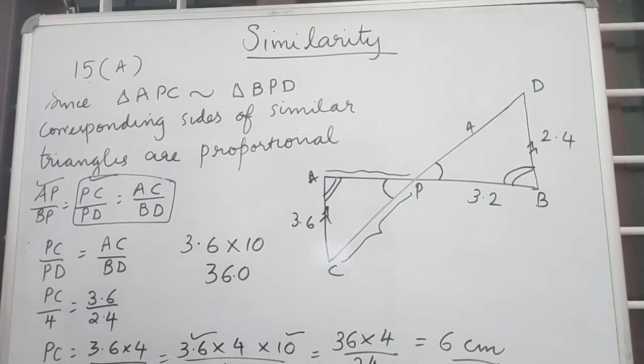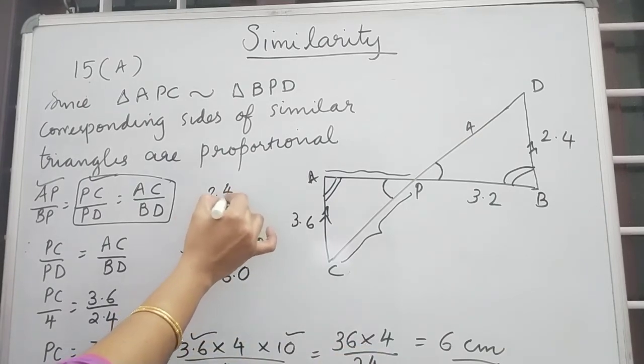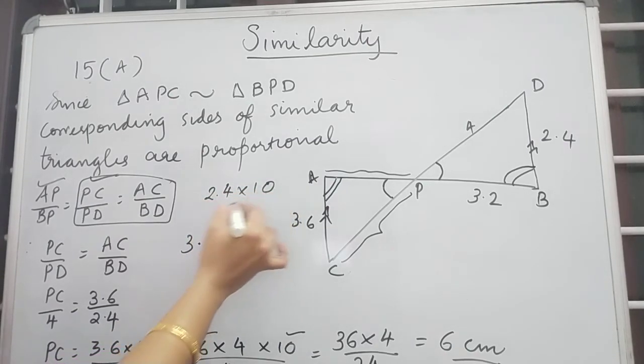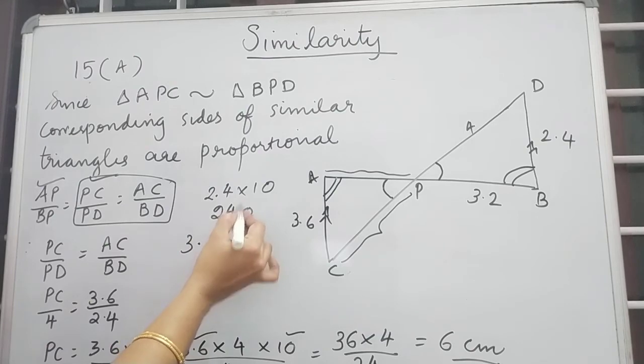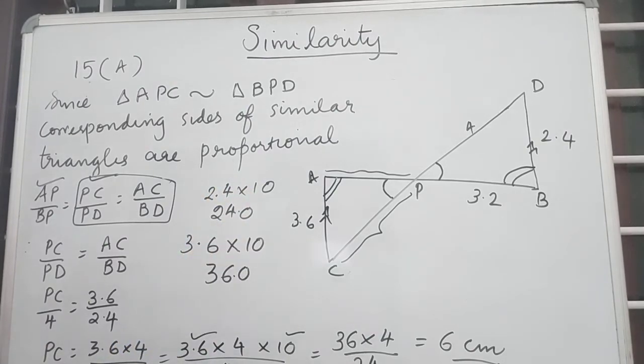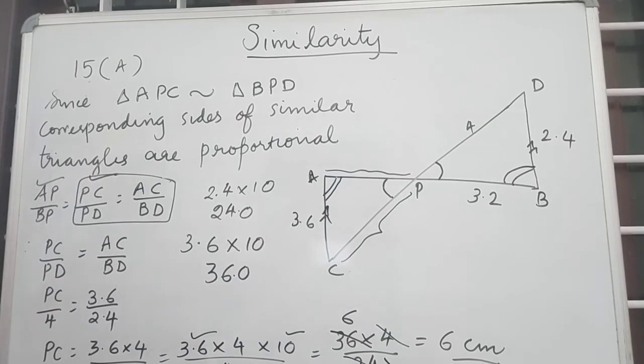Same way 2.4 into 10 is 24. So 36 into 4 divided by 24. 6 fours are 24, then 6 sixes are 36. So PC value is 6 centimeter.